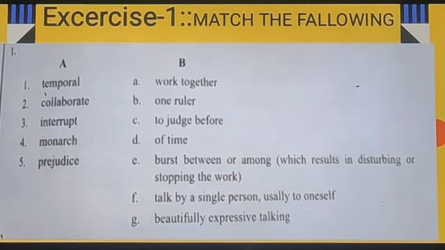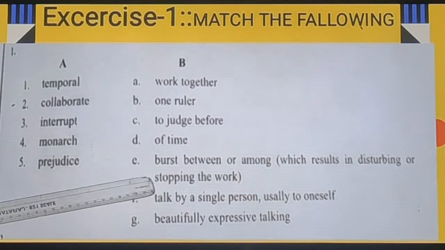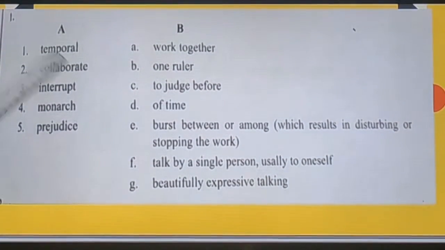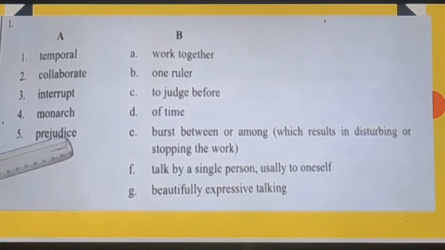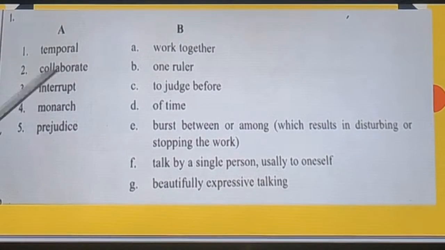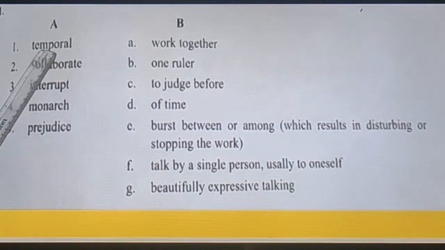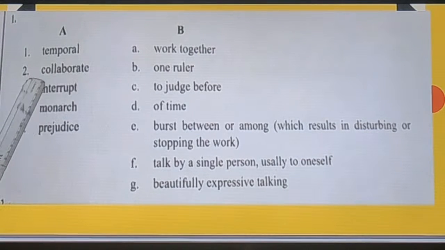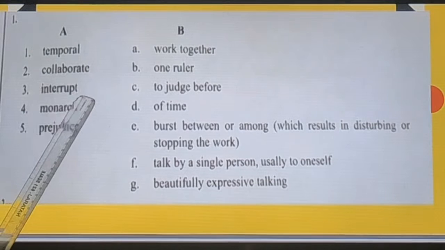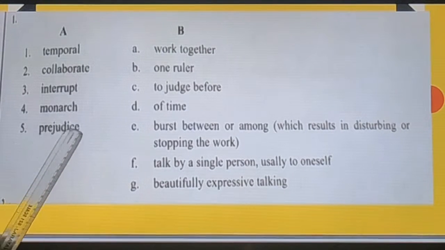Okay, first one, I will explain about this. Already you know, I discussed root words before, then you can understand what each word means. Look at the matching. Temporal, collaborate, interrupt, monarch and prejudice.